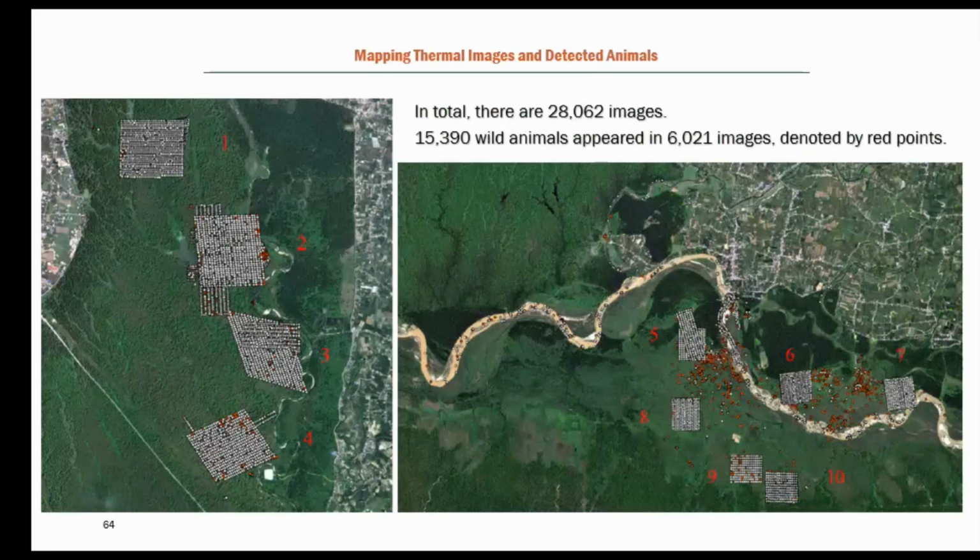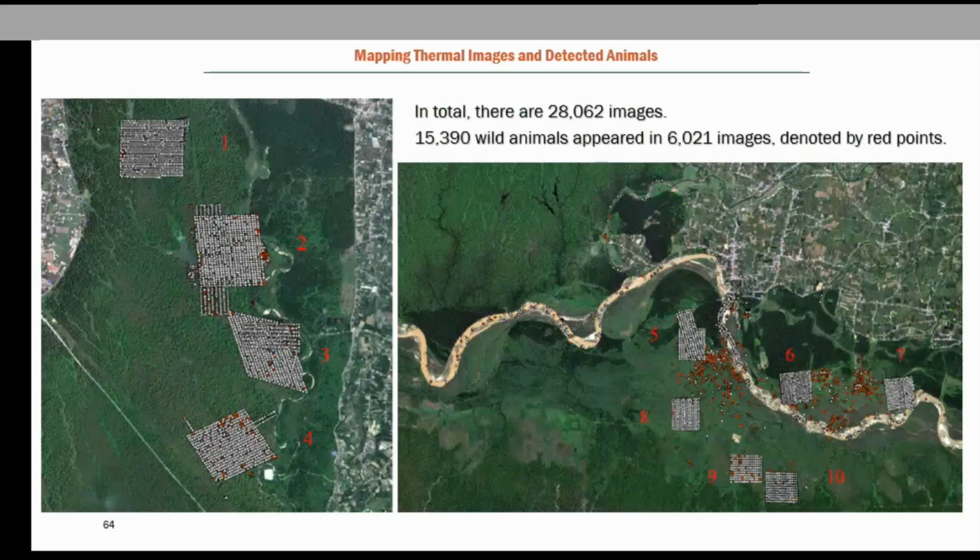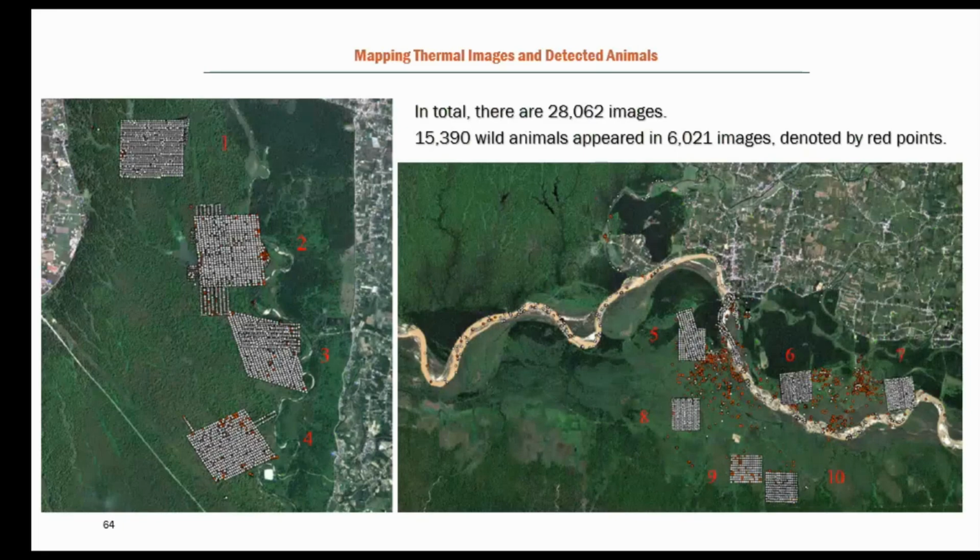Each point denotes a UAV-captured thermal image. And by using the model we proposed, about 15,000 animals were detected in about 6,000 thermal images. The red points denote the thermal images where wild animals were detected.